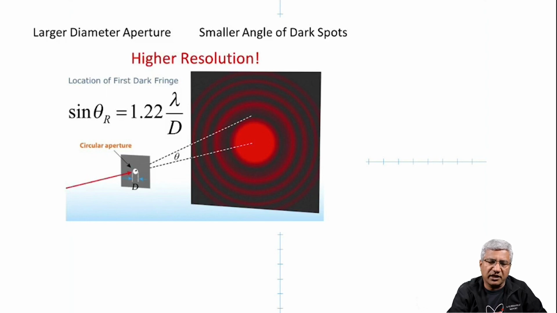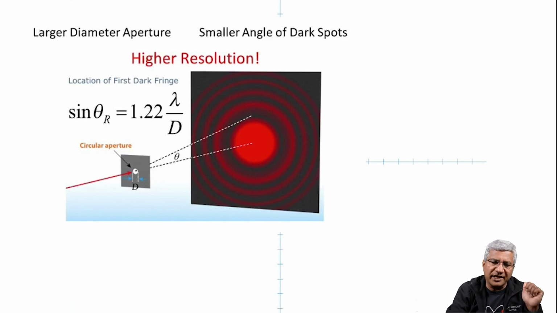And sine theta r, in this case, where r is resolution. So to be resolved, to see them separate, this is the formula, 1.22 lambda by d. What's d? Two important points here. D is, in this case, the diameter of the circular aperture.